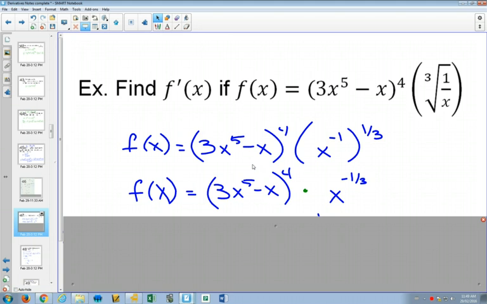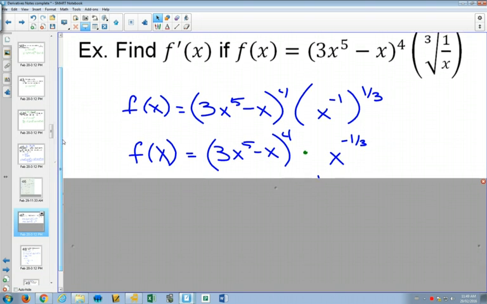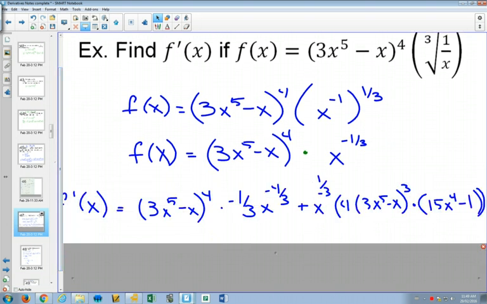I put a little green dot in there to show where our first function is multiplied by our second function. So our product rule would say, keep the first one the same. Multiply by the derivative of the second one. Bring the negative 1/3 in front, subtract 1 from the exponent. No chain rule involved in doing the derivative of the second one.